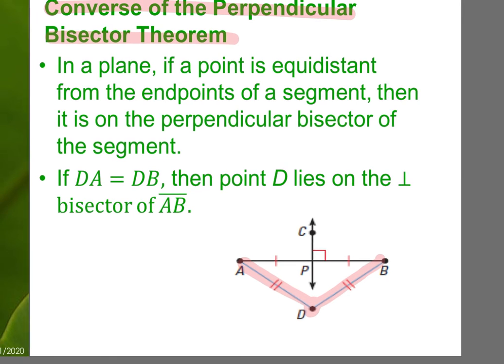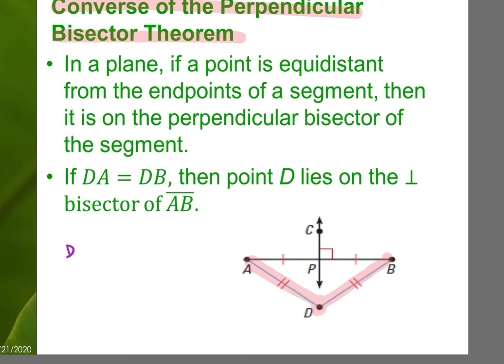Specifically in this one, I could say that D lies on line CP or ray CP because CP, line CP or ray CP, is the perpendicular bisector of AB. So the first one says if it's on the bisector, it's equidistant. This one says if it's equidistant, then it's on the bisector.